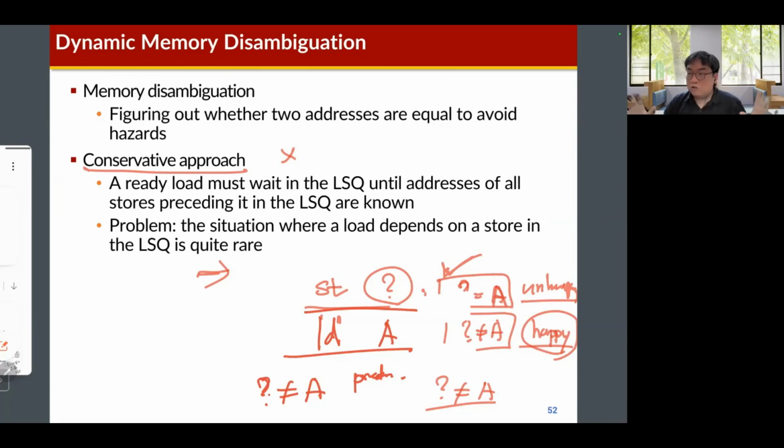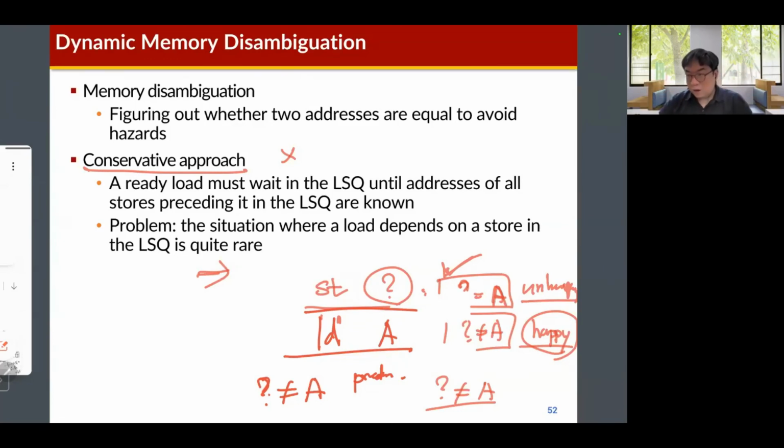But why do we use branch prediction? We use branch prediction because the prediction hit rate is very high, right? If the hit rate of the branch prediction is very low, we need to avoid branch prediction because it's very bad for the performance of the processor. But because the hit rate of the branch prediction is very high, we use it.